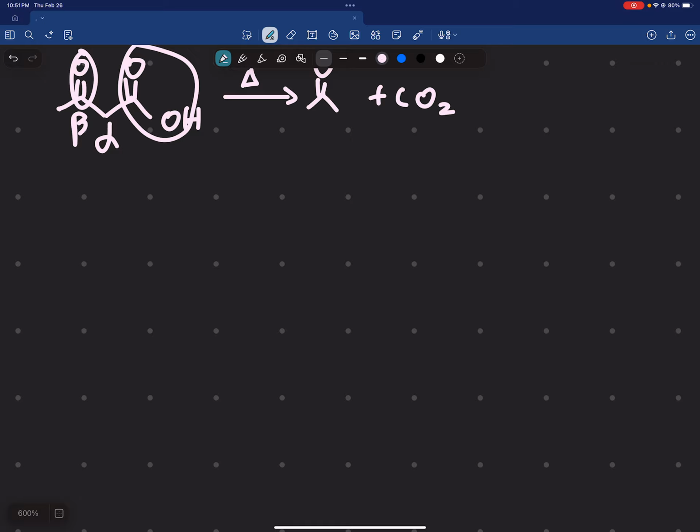So a cyclic 6-membered transition state is going to first become an enol of a ketone, and it's going to become a ketone in a reversible reaction, but it's going to favor the ketone.